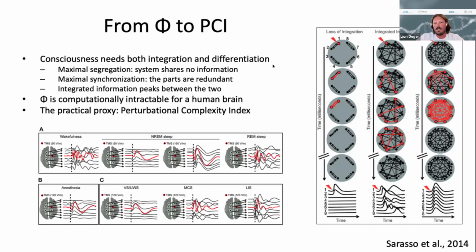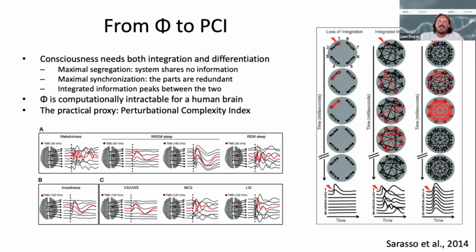It starts with a TMS-EEG setup, where you apply a stimulus to one region and then record the evoked activity. Theoretically, in a case where there is maximal segregation, this stimulus would not propagate because regions don't interact.